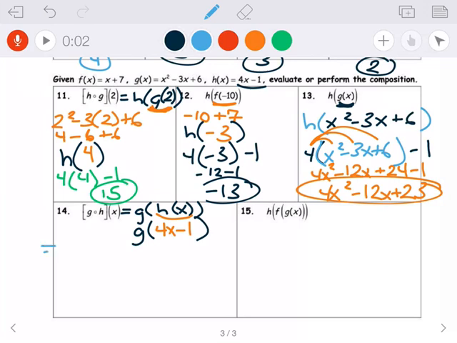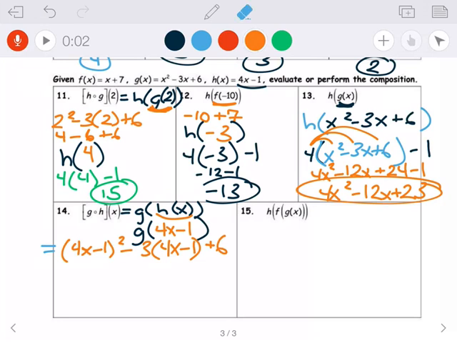So g says take the quantity x squared. So in this case, that would be the quantity 4x minus 1. And then it says subtract 3 times the quantity of x plus 6. So I have some work to do here.